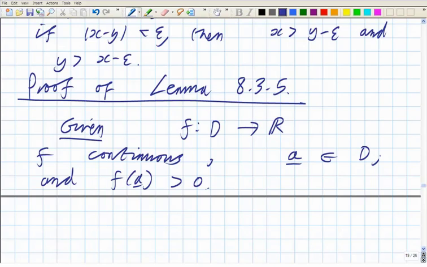Notice we're taking values in the real numbers. So D can have all sorts of vectors in it, so it doesn't make sense to talk about vectors being positive, but the function value here is a real number, so you can talk about that being positive.